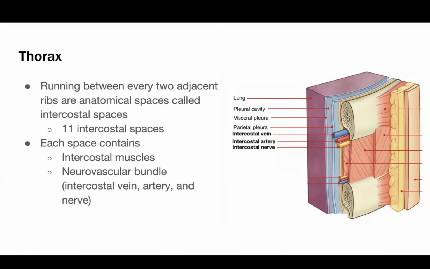If you think clinically about performing a thoracocentesis, which is when you insert a needle into the pleural space, this is why you want to approach over the top of the rib to ensure that you're not hitting this bundle.